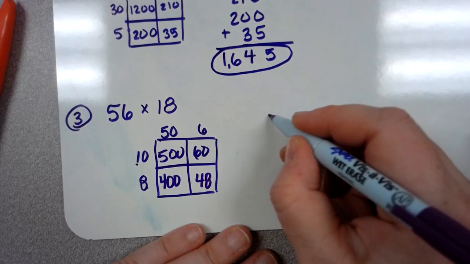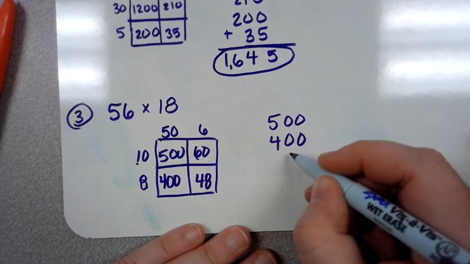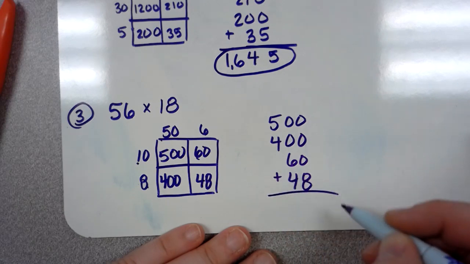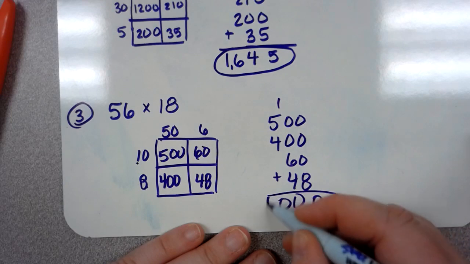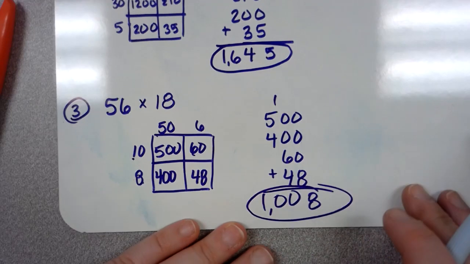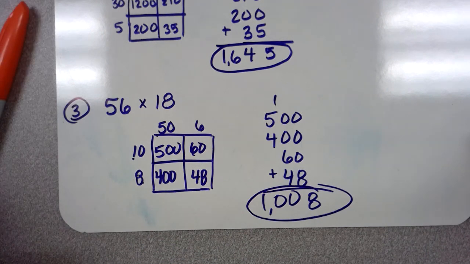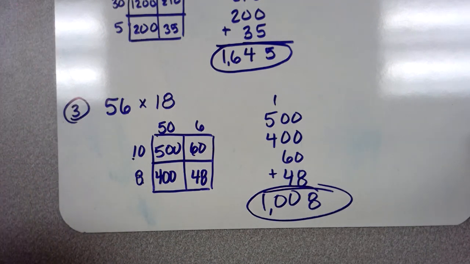So now I'm going to line these up from greatest to least. 1,800.